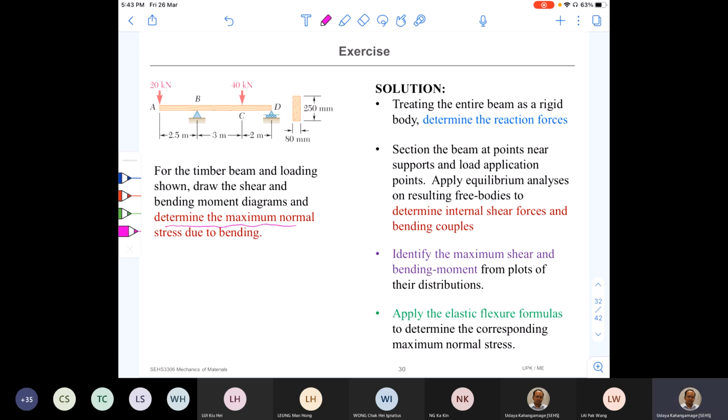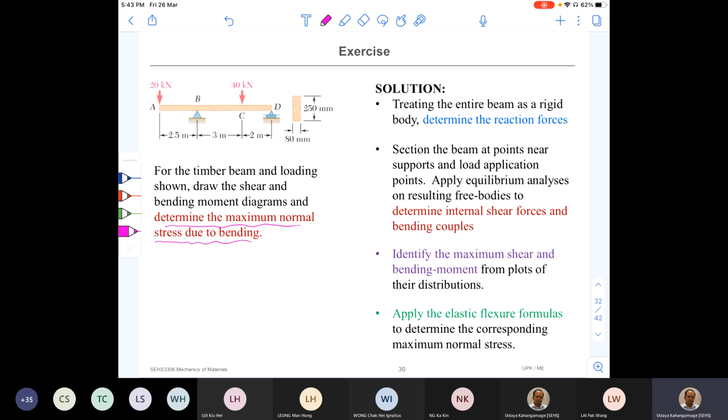Up to now, we found the bending moment diagram, and we developed the bending moment diagram and shear force diagram. So now we are going to extend our understanding to find the maximum normal stress due to bending by looking at all the loads and how the shear force and bending moment develop.